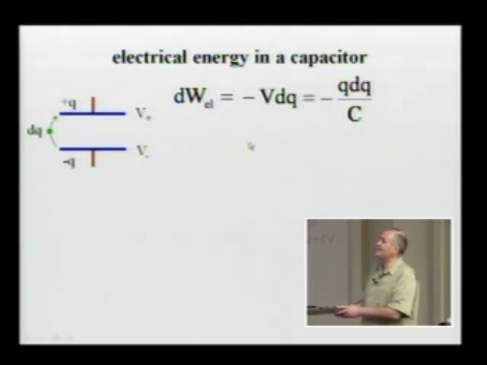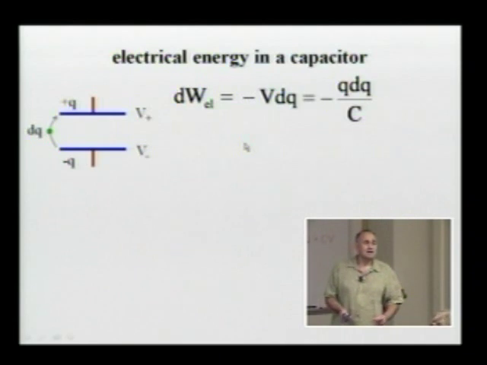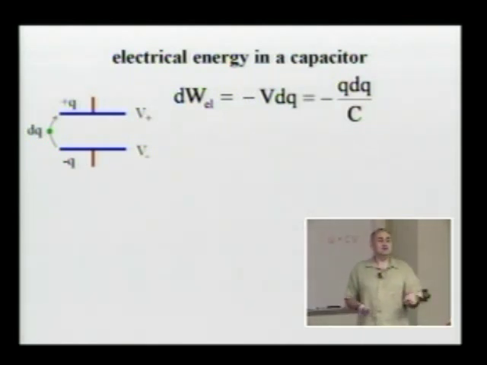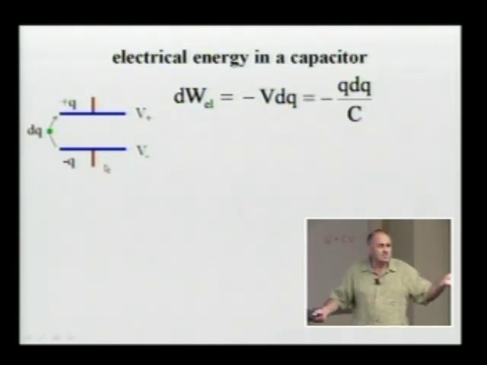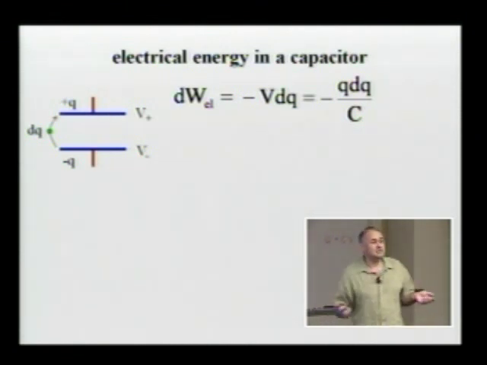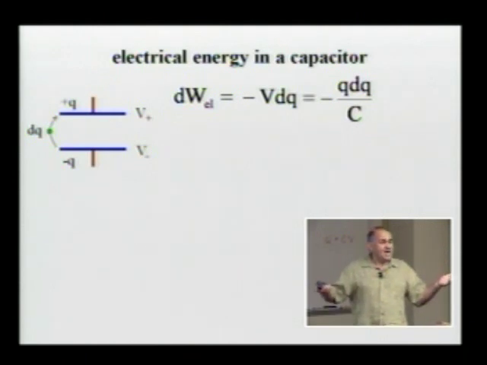All right, so let's now find out how much work would be done in a process in which I start with zero potential difference and charge it to a particular potential difference. Or if I start with charge 0 on the capacitor and end up with a particular charge on the capacitor, let's say capital Q. So I have to add those tiny works.